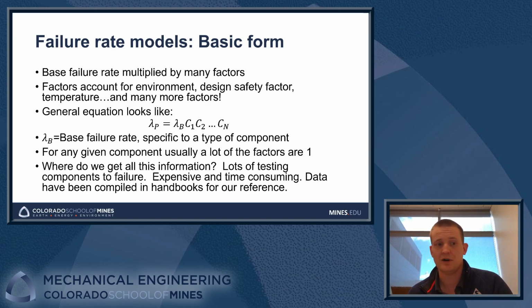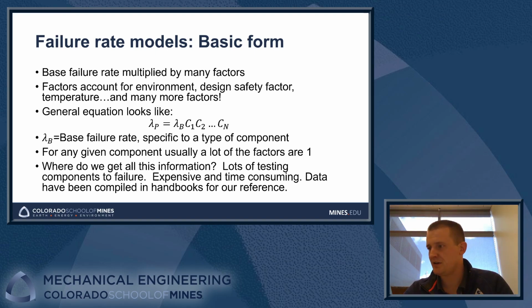The general model looks like lambda p equals lambda b times a whole bunch of different constants. Then we have to find an appropriate reference that gives us values for the constants and the base failure rate so that we can calculate lambda p.